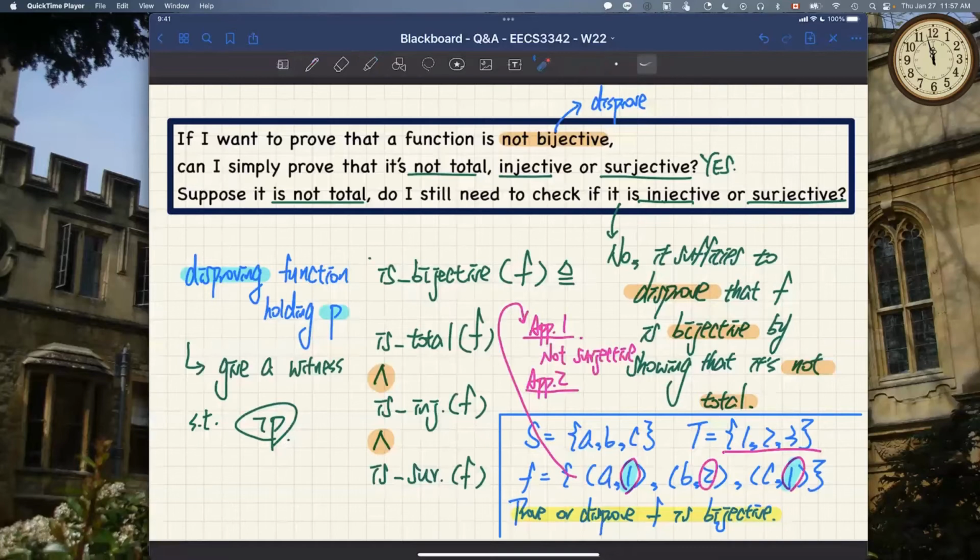You can see A and C being distinct domain values mapped to the same range value. So that means it's not injective.